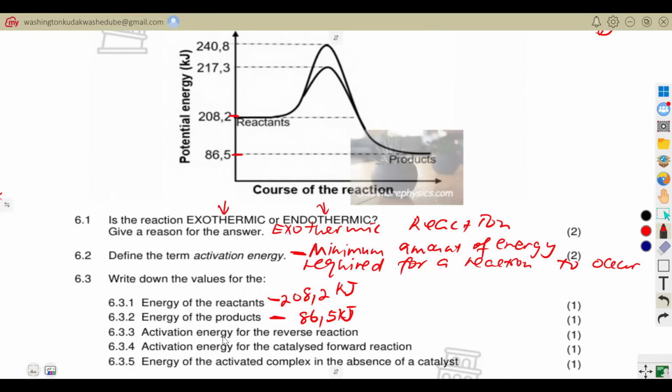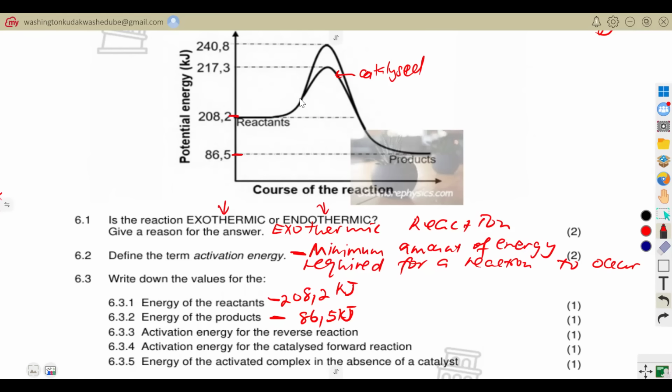And then activation energy for the reverse reaction. You can see that this is the same reaction, but the other one is not catalyzed and the other one is catalyzed. The one with the minimum activation energy is the one that is catalyzed, because a catalyst lowers the activation energy of the reaction.